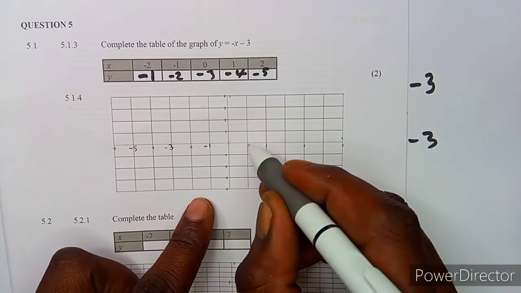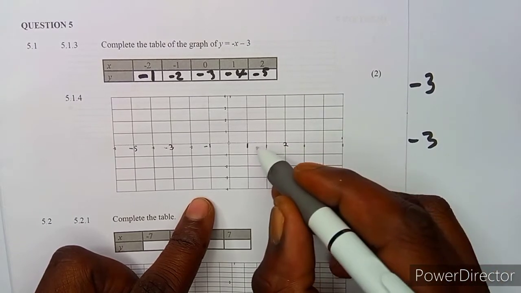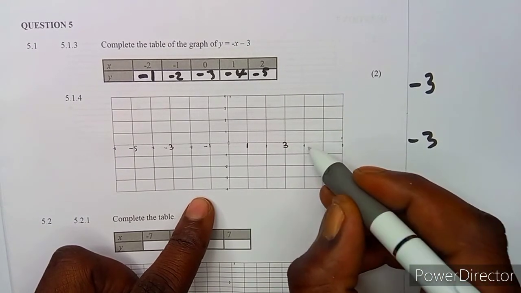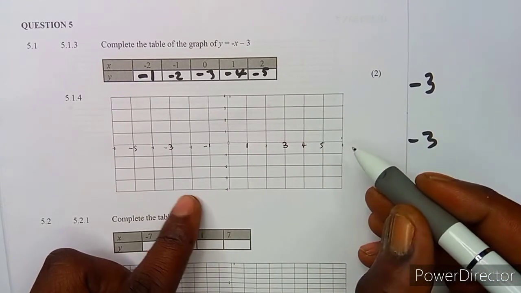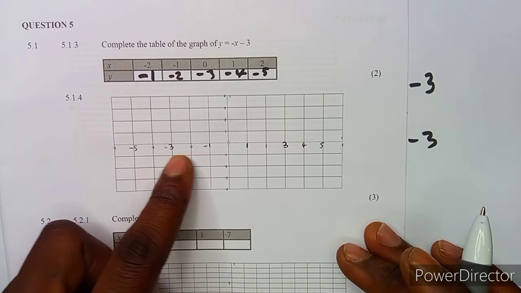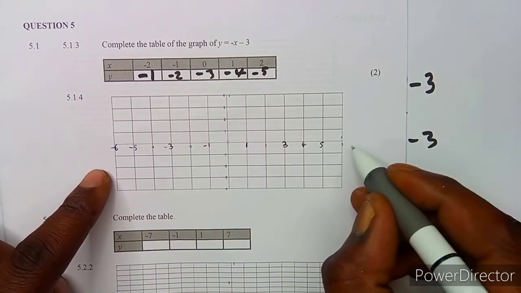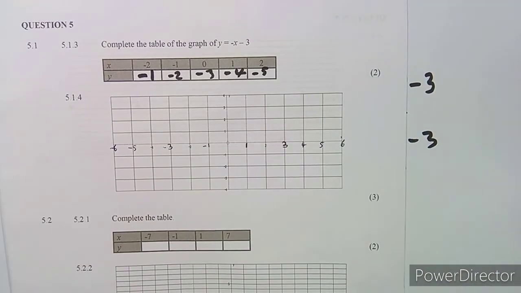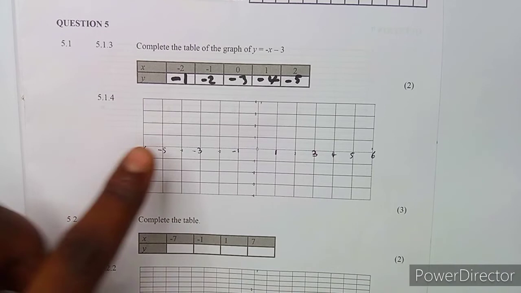This is 2, so in between you've got 1, 2, 3, then 3, 4 here, this is 5, and this is 6. So you've got minus 2, minus 4, minus 6. This is minus 6, not minus 8, and this is positive 6. So you are supposed to analyze your scale first. Now you can mark your points.